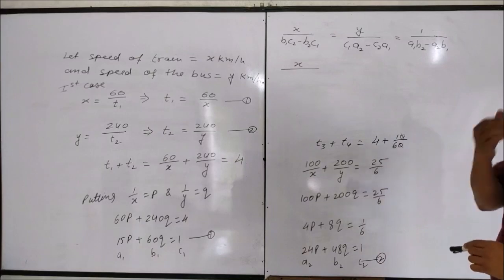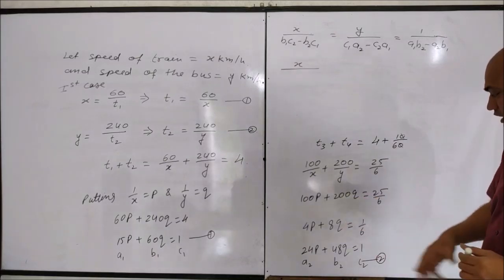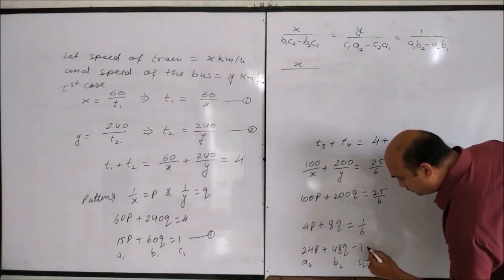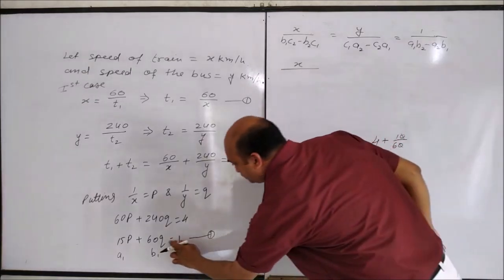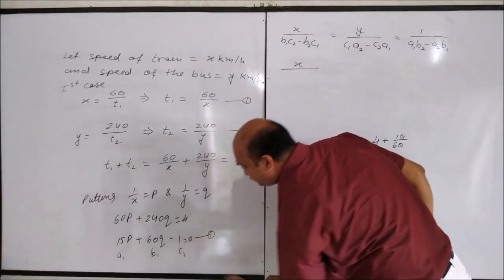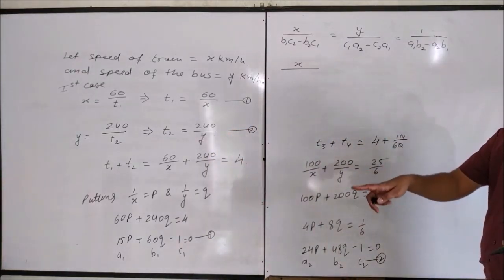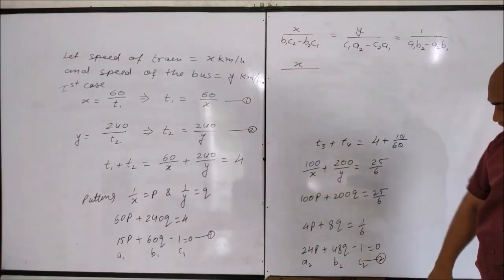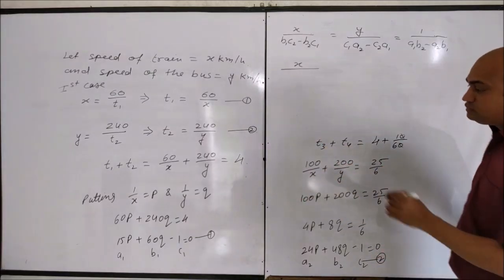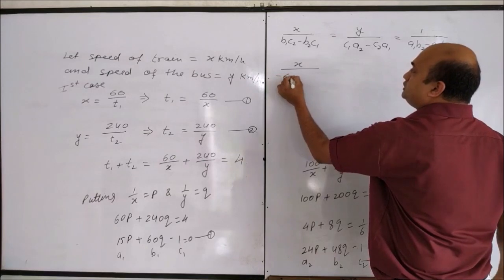So b1c2, b1 is 60 and c2 is minus 1, so it is minus 60.